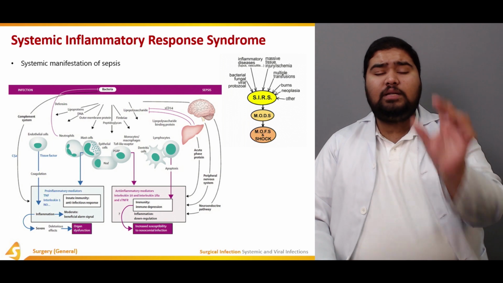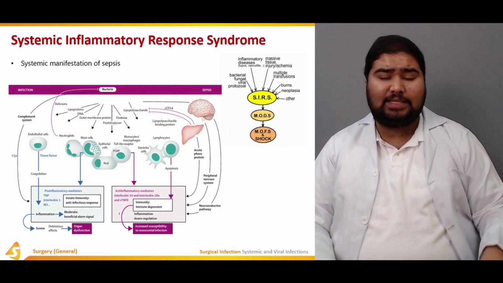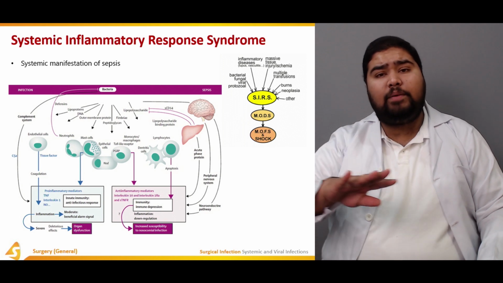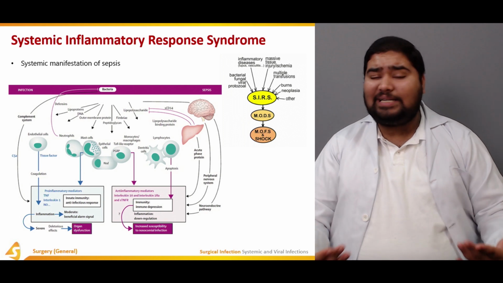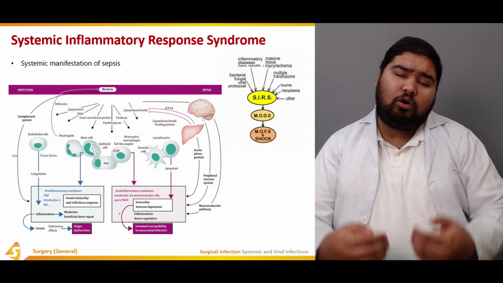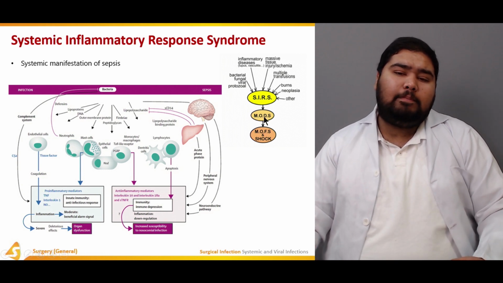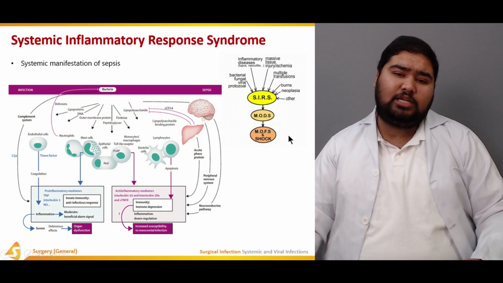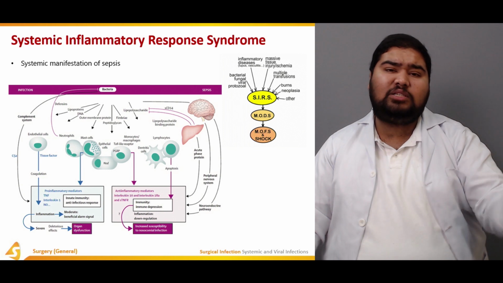So inflammation as a response to a specific insult is nice, but when there's inflammation throughout the body, as a systemic response, the body cannot cope with it. The organ systems begin to fail, and the body enters multiple organ dysfunction syndrome, in which one organ becomes dysfunctional with respect to the other organs.